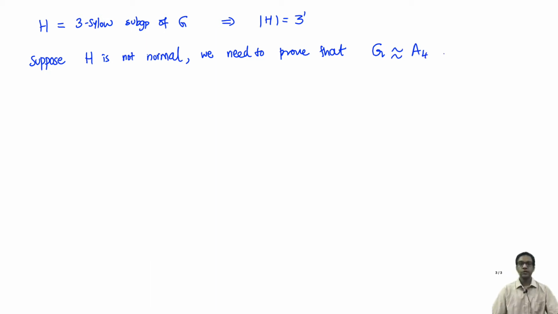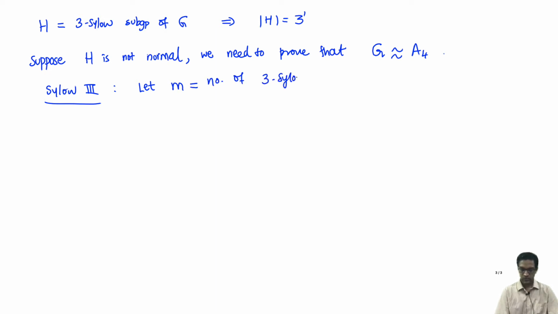Okay, so this is our goal. Let's try and use the Sylow theorems. For a start, let's look at the third Sylow theorem. So we'll first apply Sylow theorem number 3. What does this say? It talks about the number of 3 Sylow subgroups. So let M denote the number of 3 Sylow subgroups.